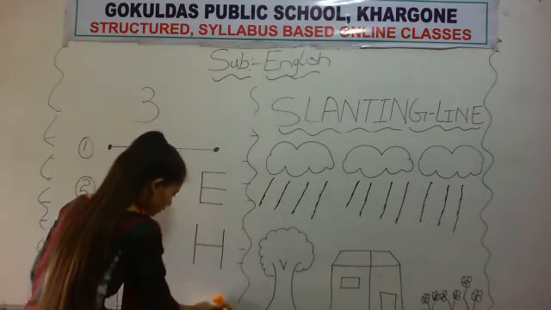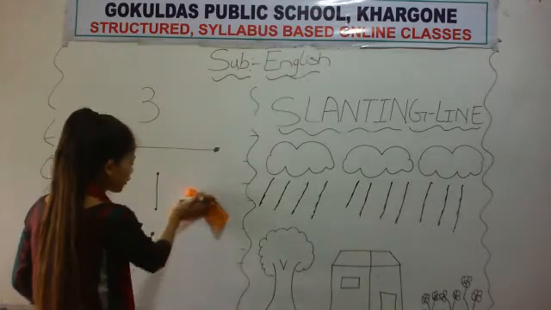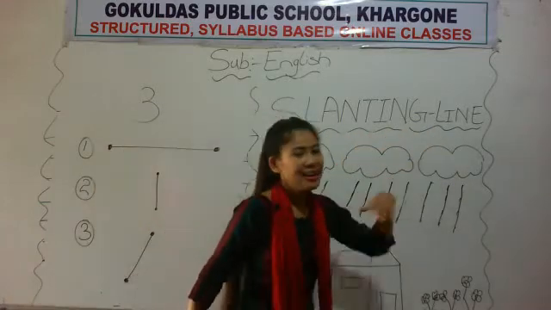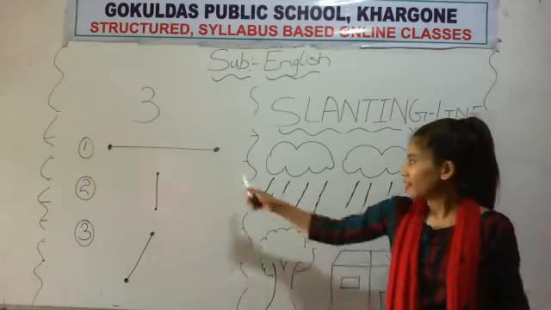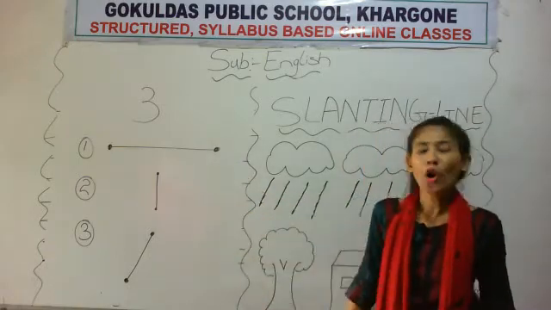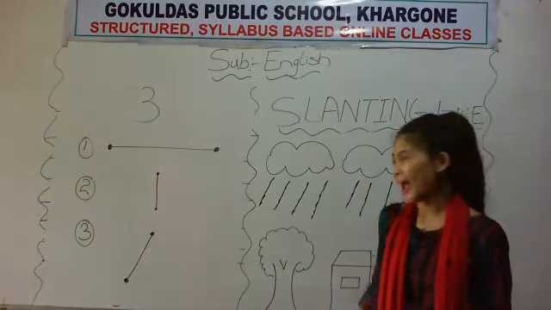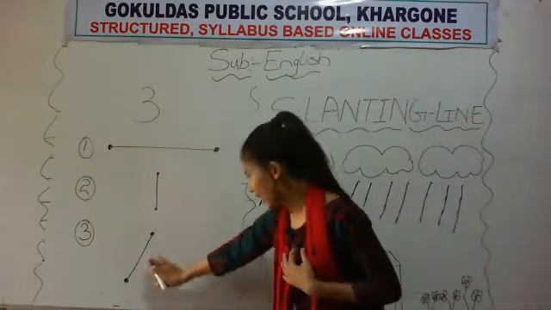Today, which line have you learned? We have learned slanting line. And which one is slanting line? This one is slanting line? No, ma'am. This one is slanting line? No, ma'am. This one is slanting line? Yes. Which line is this?